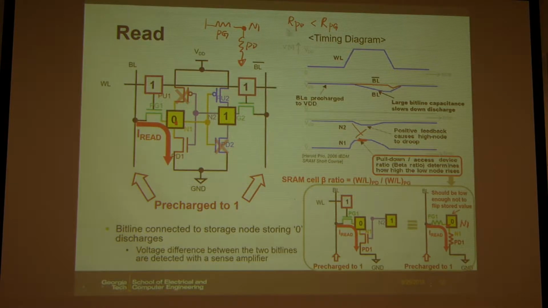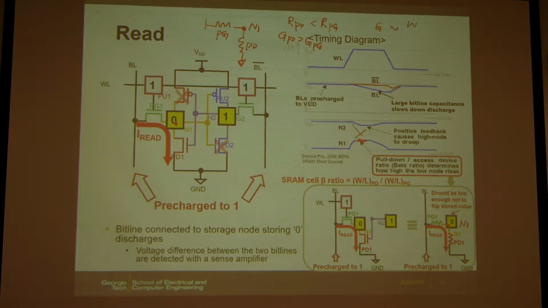To make the resistance small, that means what for the transistor? Any idea? To make the transistor's channel resistance small, that means the transistor's W over L is large, right? Because, let's say conductance G_PD will be larger than G_PG, and conductance is proportional to the W over L. So ideally you want W over L of PD larger than W over L of PG.